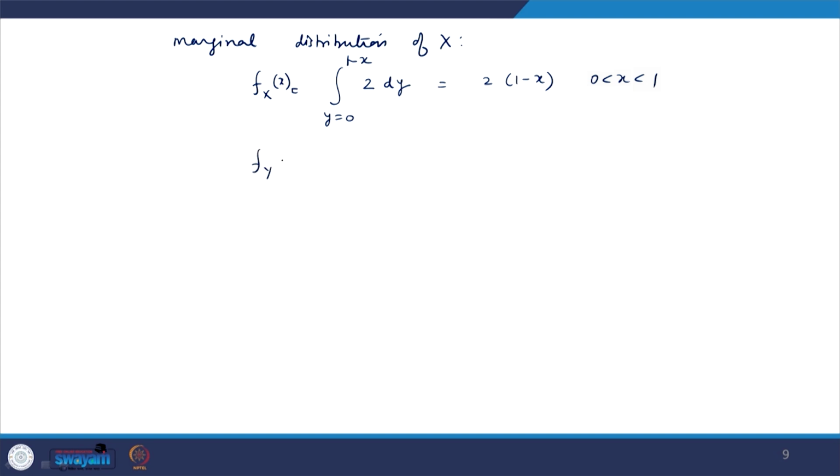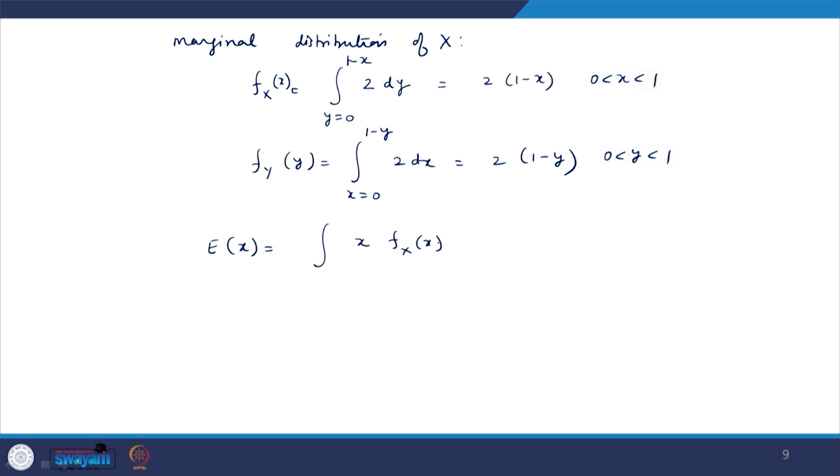Similarly, the marginal distribution of y will be the integral, x varying from 0 to 1 minus y, of 2 dx. So, it is 2(1 minus y). So, expectation of x will be the integral of x into f_X(x) dx, and x is varying from 0 to 1. Okay.